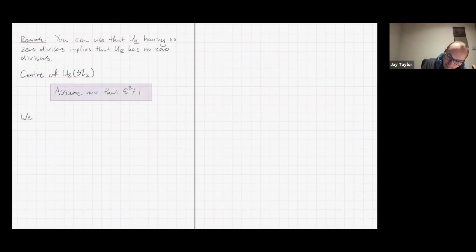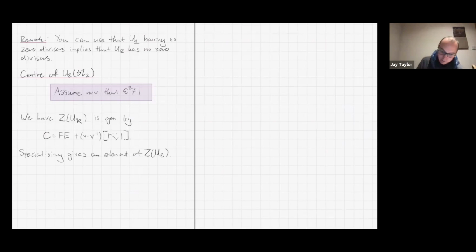The center of U_K is generated by this quantum Casimir element, and so obviously specializing, we can look at this as an element of our specialized algebra, which gives an element of the center of our specialized algebra.